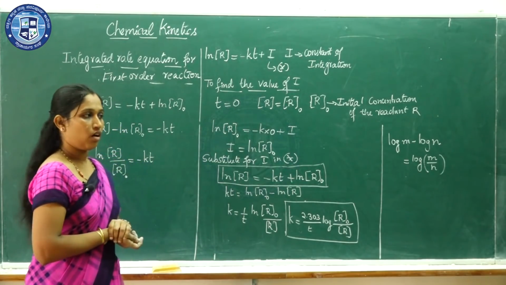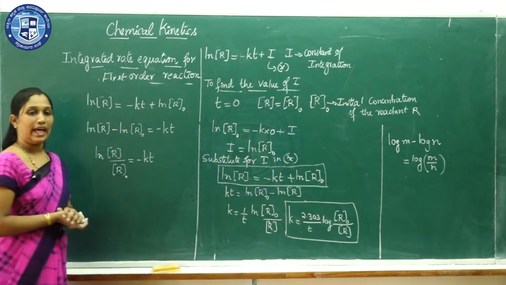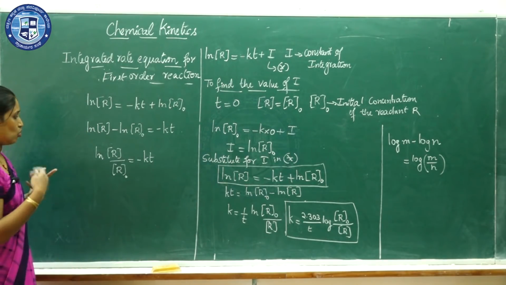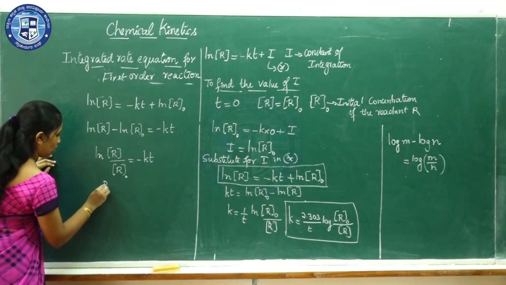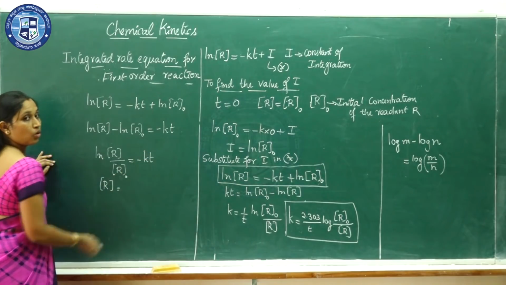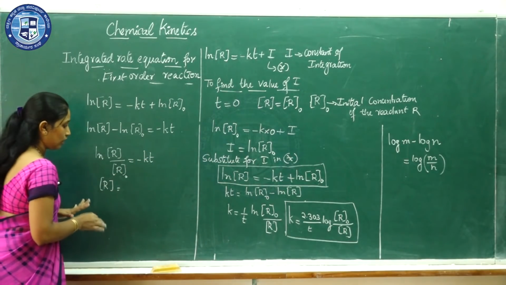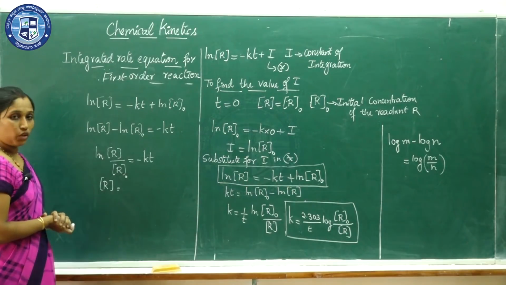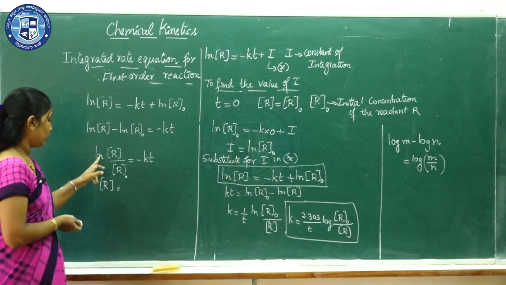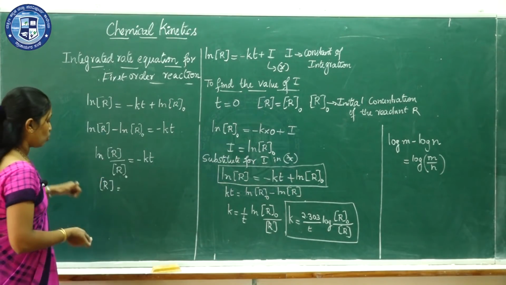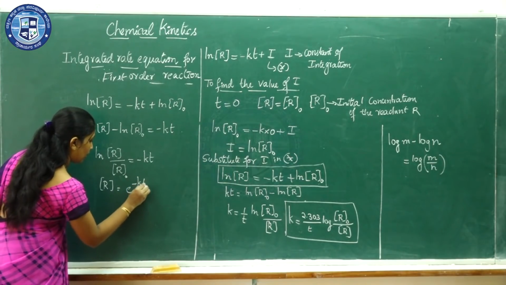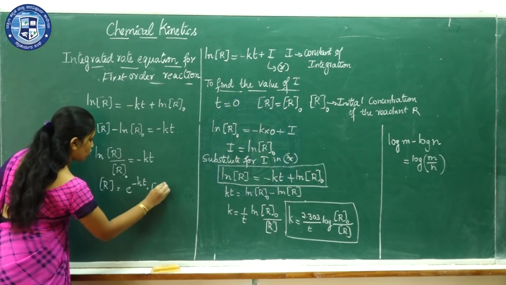Now I want to remove this ln. So I will take the anti-log on both sides. So how to take the anti-log? The concentration of R will go to this side. When you take anti-log, you already know that ln means nothing but log to the base e. So it becomes e to the power minus kT, times the concentration of R naught.